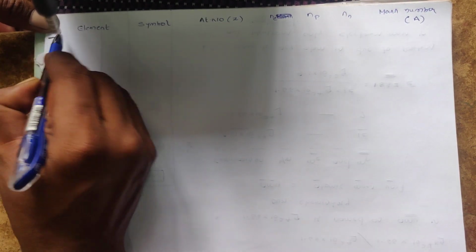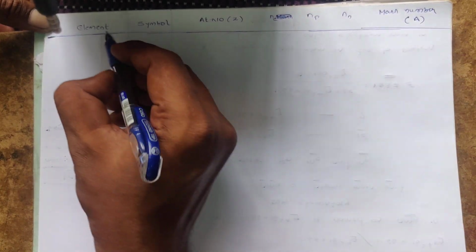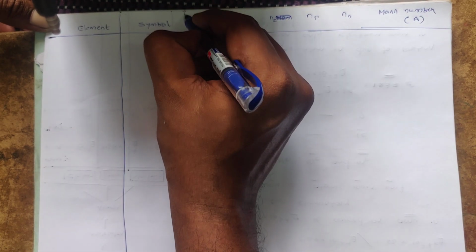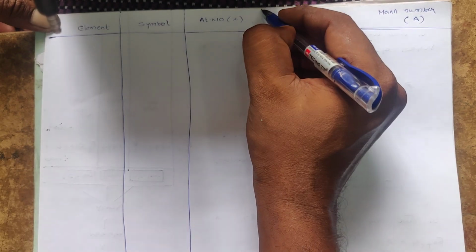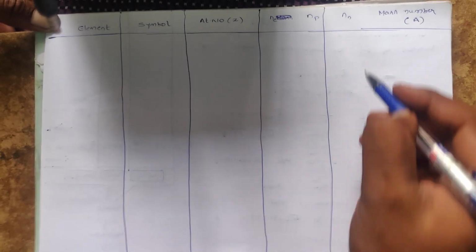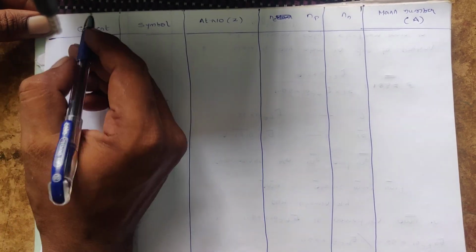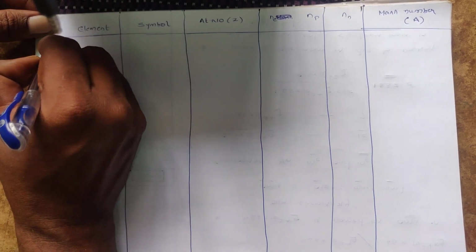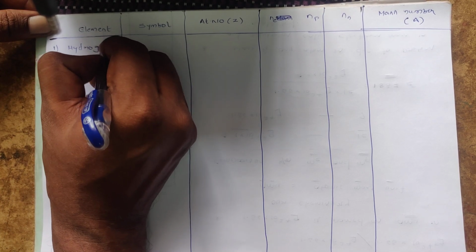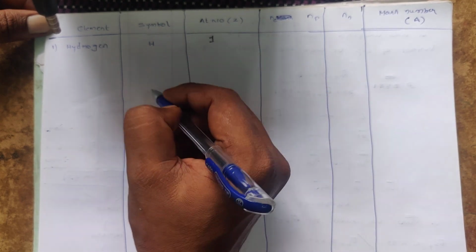So here, first come to hydrogen. Its symbol is H. Atomic number is 1.